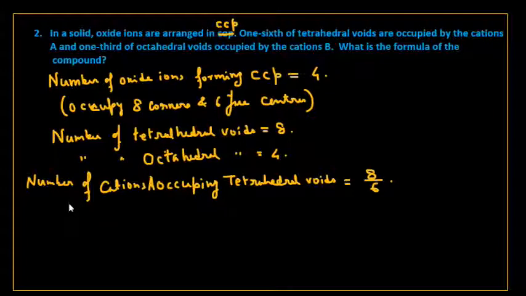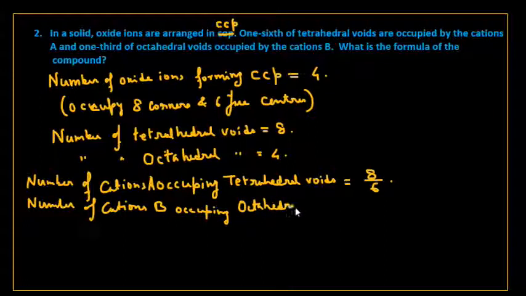Number of cations B occupying octahedral voids is equal to 4 upon 3.